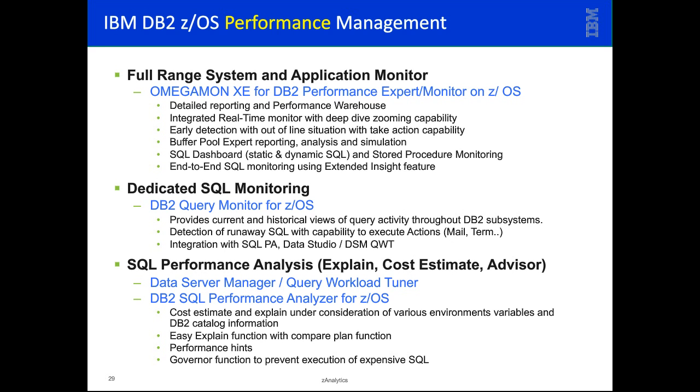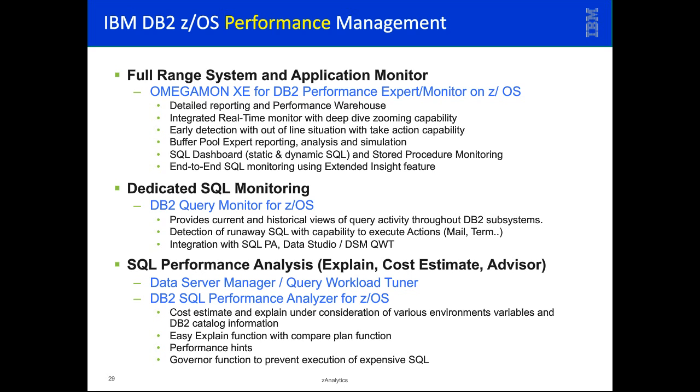In addition, we provide a Data Server Manager interface for our Query Workload Tuner, and we've got an SQL Performance Analyzer. All of these tools help you manage end-to-end. We've given you performance needs, and we can actually help you rewrite the query, as we'll see in the next couple of slides. Next slide.